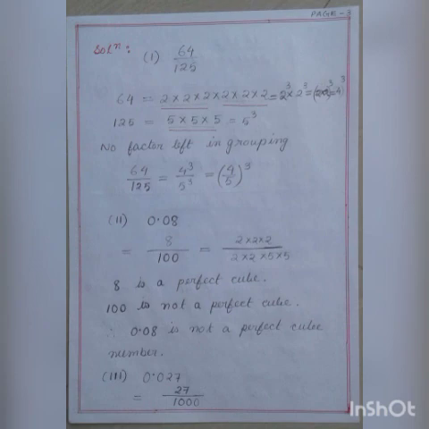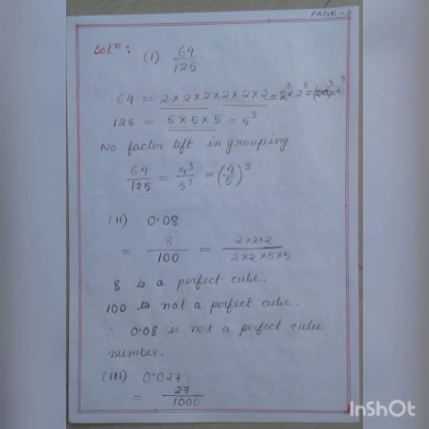Solution for question number 1, 64 by 125. If I find the prime factors of 64, I get 2 into 2 into 2 into 2 into 2 into 2, which is equal to 2 to the power cube into 2 to the power cube. I can write it as (2 into 2) whole to the power cube, equal to 4 to the power cube. 125 is equal to 5 into 5 into 5, which is equal to 5 to the power cube.